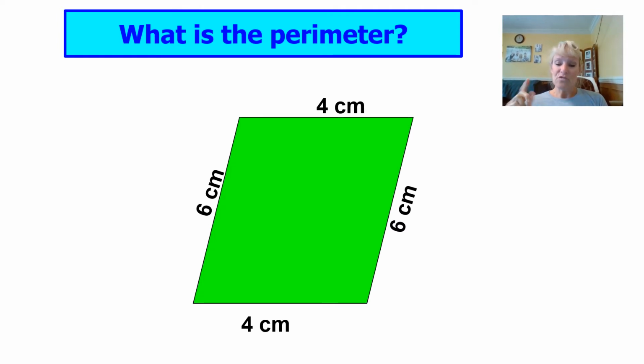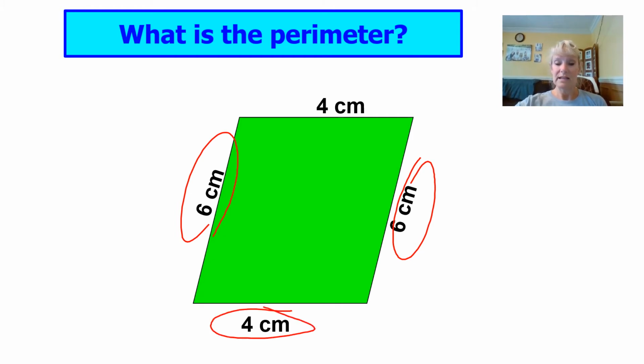All right, first thing I want you to pay attention to is that this is a quadrilateral. It's also a parallelogram. Notice that this side and this side are the very same length, so they're both 6 centimeters, okay? And this side and this side are both the same length as well. So in reality, I didn't need this here.